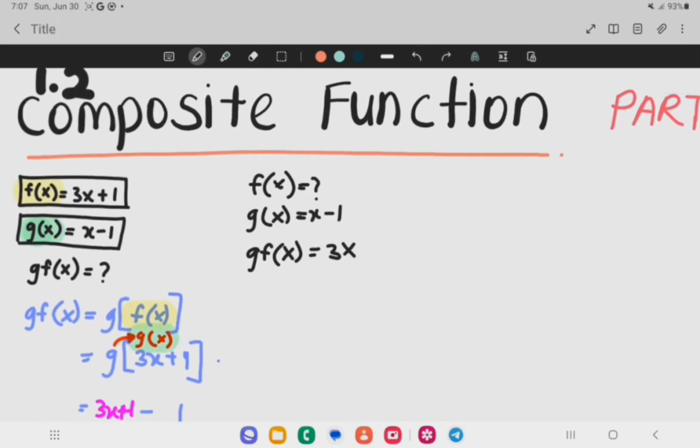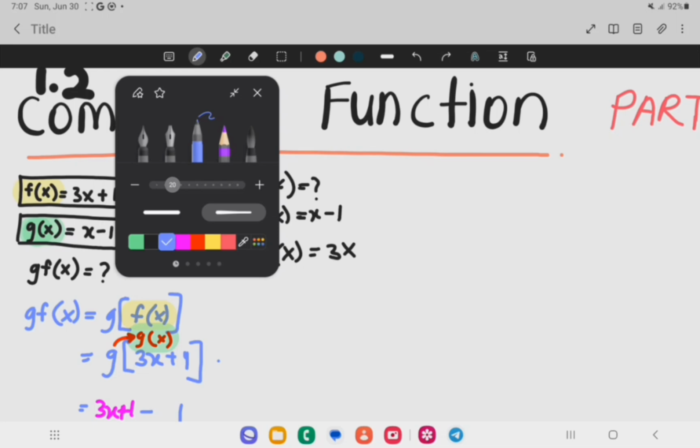Basically here, the single functions f and g are given, and then we are required to find the composite function. But in the second case, what you are going to do is find the single function. The composite function is given here, and then you are going to find the single function of f.